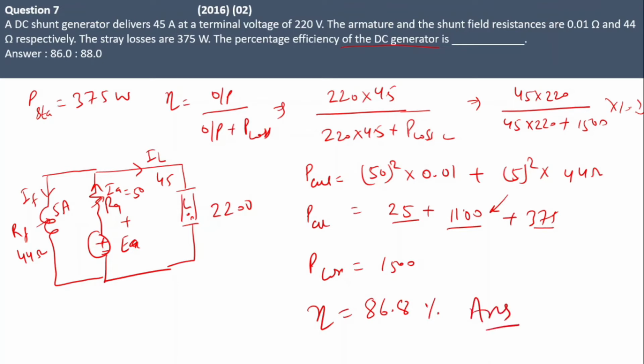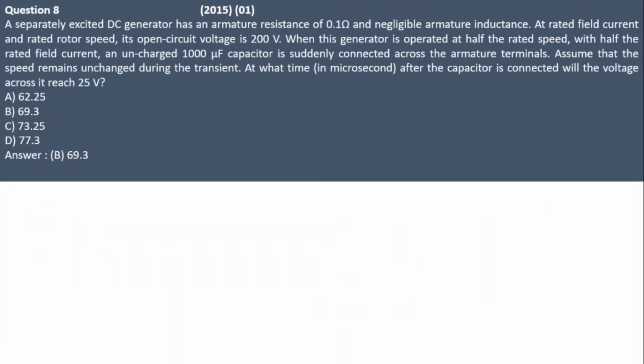Okay, next, a separately excited DC generator has an armature resistance RA of 0.1 ohm, and negligible armature inductance. At rated field current and rated rotor speed, its open circuit voltage is 200 volt.